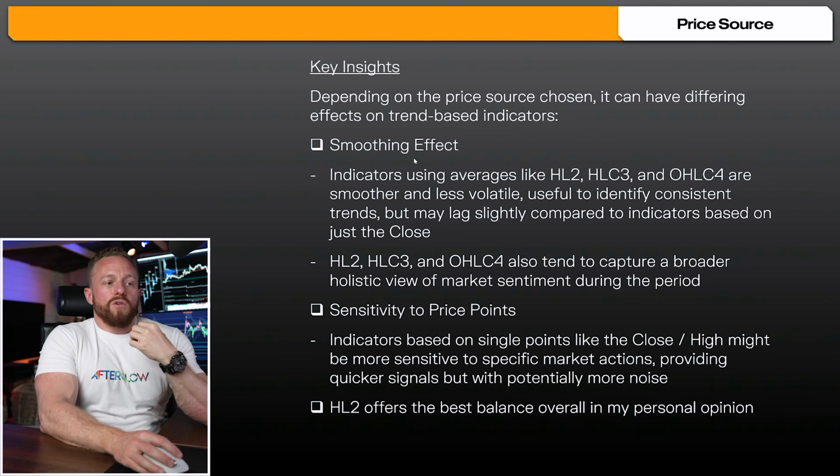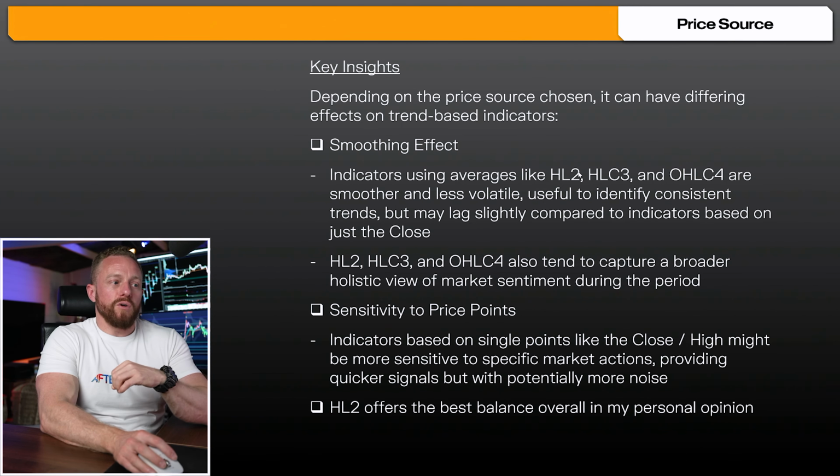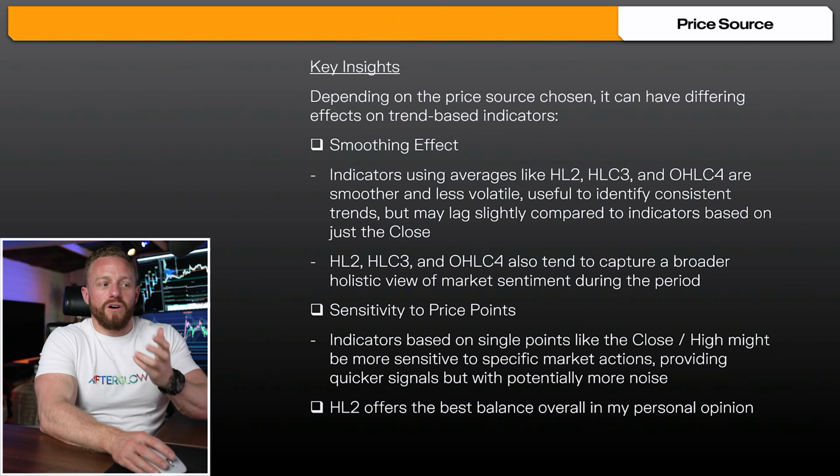The choices that use averages like HL2, HLC3 and OHLC4 tend to be smoother and less volatile, which is useful to identify consistent trends, but it may lag slightly compared to the other choices on the open, the close, the high or the low.